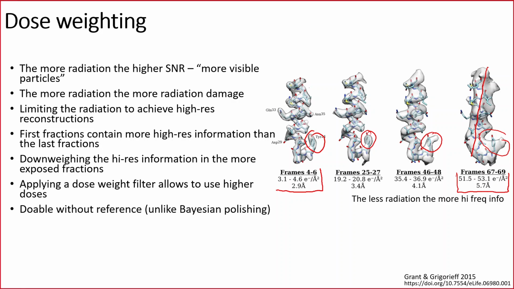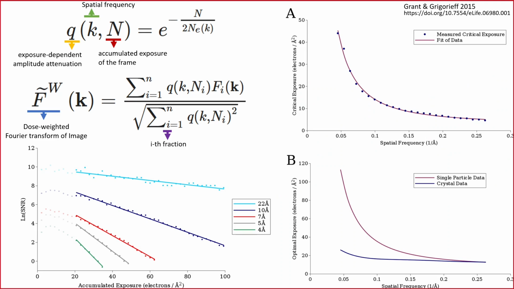So what they found is that our signal to noise ratio is dependent not only on the accumulated exposure, but it's also dependent on which resolution shell we are looking at, so at which resolution frequency. The low frequencies, these 22 angstrom frequencies, are not extremely affected by the accumulated dose, because the signal to noise is only slightly decreasing. The high frequencies, these 4 angstrom frequencies, are affected very steeply.